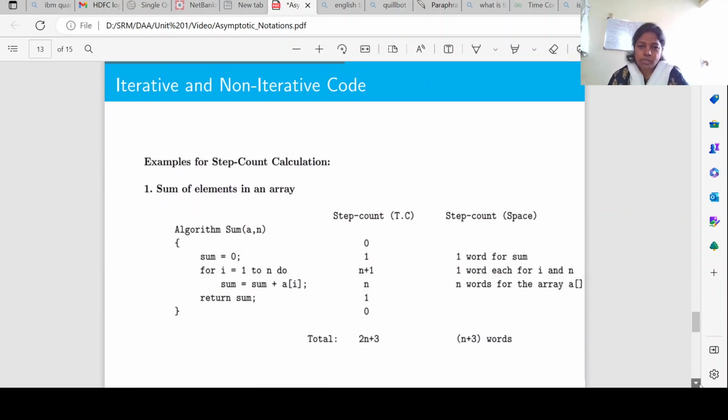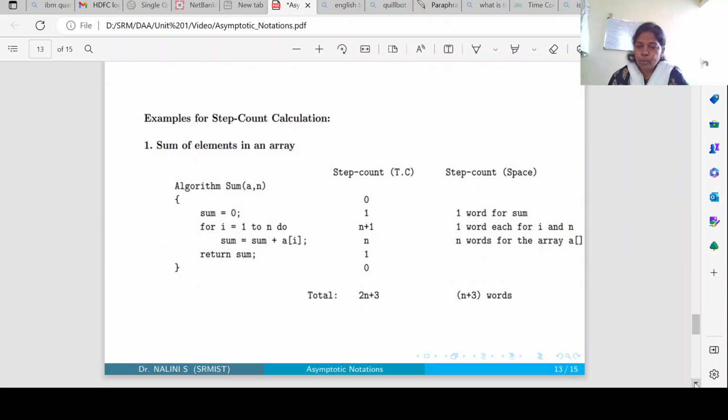We can also see two more examples using the step count method. Algorithm sum of a comma n: sum equal to 0, for i equal to 1 to n, sum equal to sum plus a[i], return sum, right? The step count for this curly bracket is 0, as I said earlier, because we are not allocating any unit of time for this open and close curly bracket.